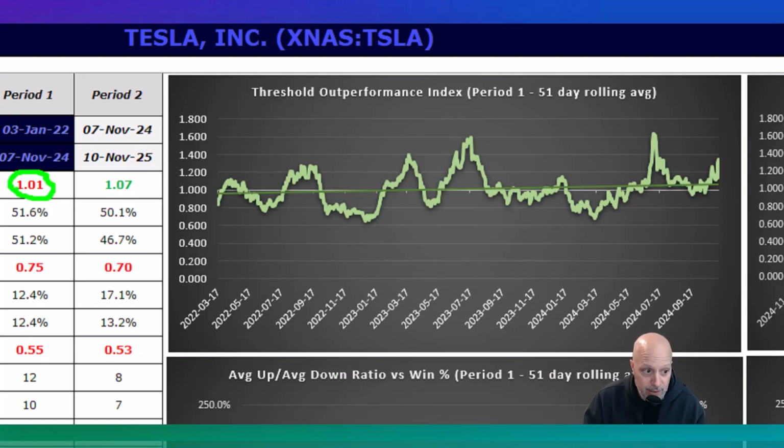That was an average over the whole period. So instead of doing an average for the whole period, on this chart I do a 51-day rolling average during period 1. And then I plot how that threshold outperformance index stat changes over time. You can see here, sometimes above 1, sometimes below. There's a lot of variability in the stat, and you can see how it behaves over time.